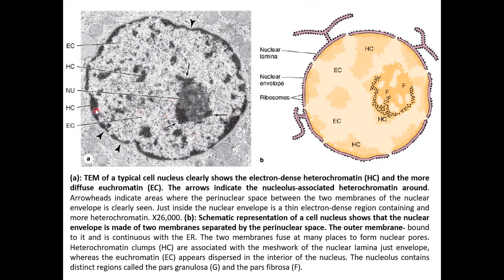So yung mga dark areas natin guys dito, these are your heterochromatin. And of course, yung mga parang granules sa paligid ng heterochromatin mo, those naman are your euchromatin. So mamaya, we'll discuss what's the difference between your heterochromatin and your euchromatin.